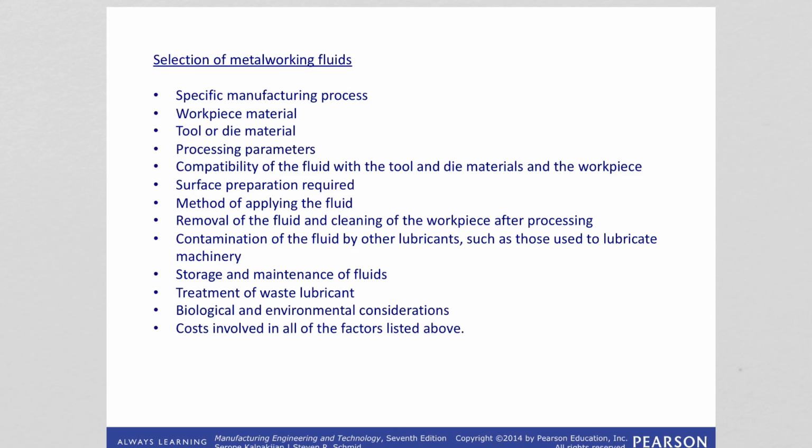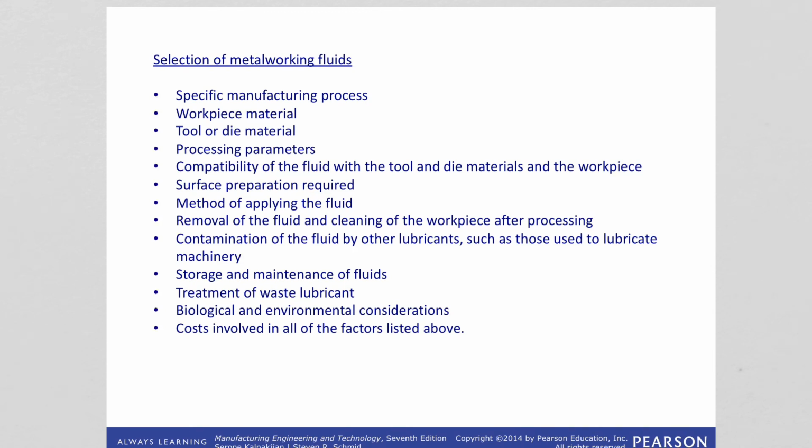You need to look at the processing parameters because some can handle the forces, some cannot. And you need to look at the compatibility of the fluid with the die and tool materials and the workpiece. We don't want it to react with the material. And surface preparation is required. We want clean surfaces.